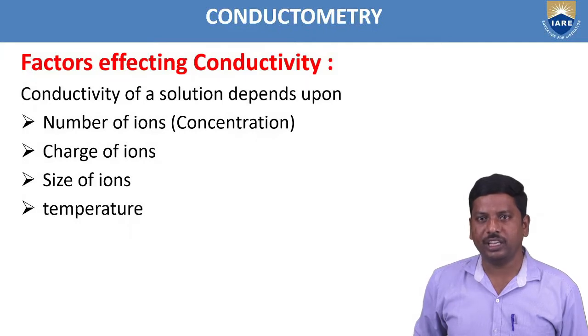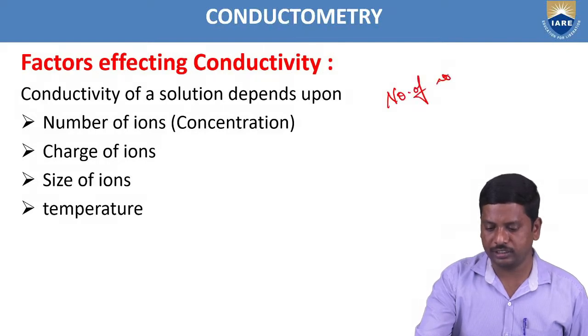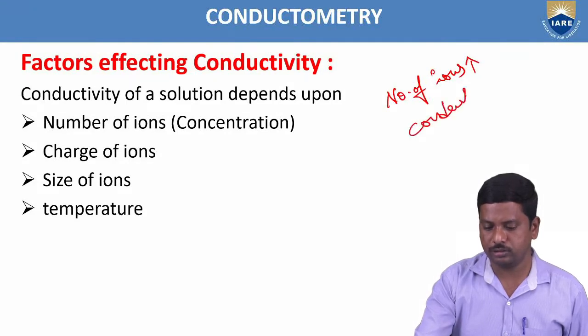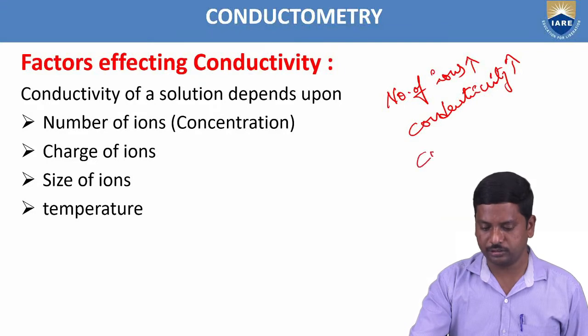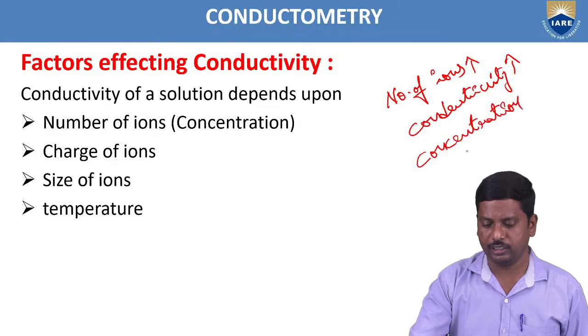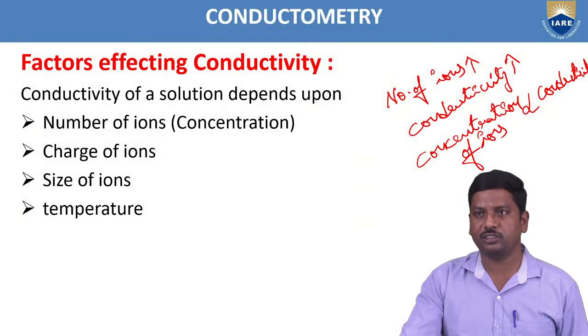First of all, the number of the ions. When the number of the ions increases, conductivity also increases. That means the concentration of the ions is directly proportional to conductivity. When the concentration of the species increases, conductivity also increases.